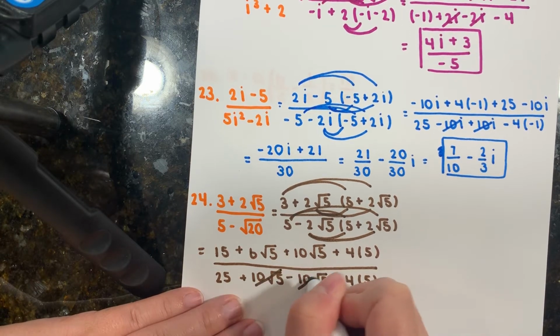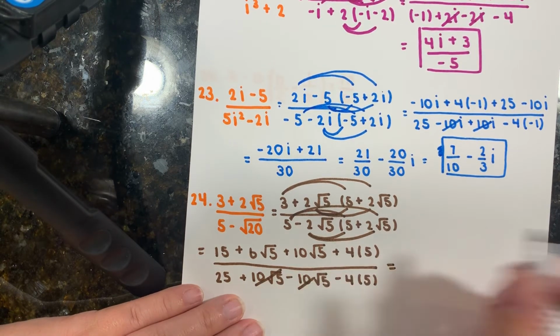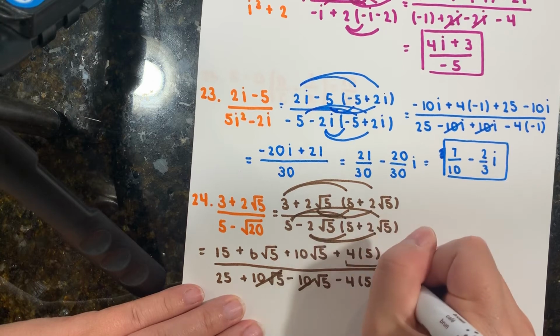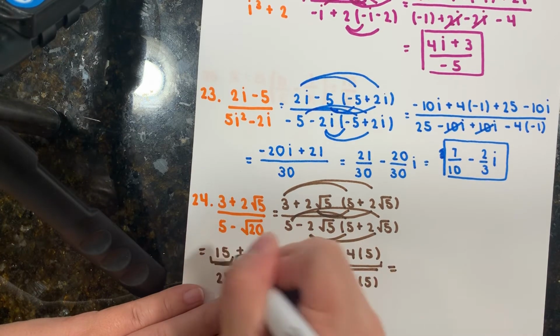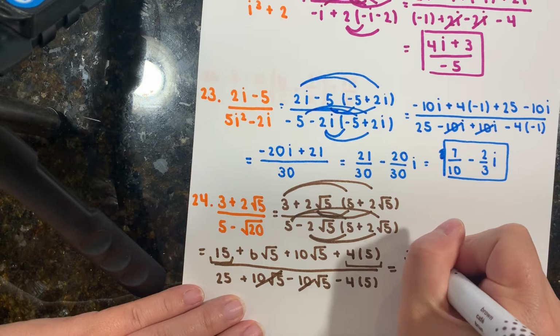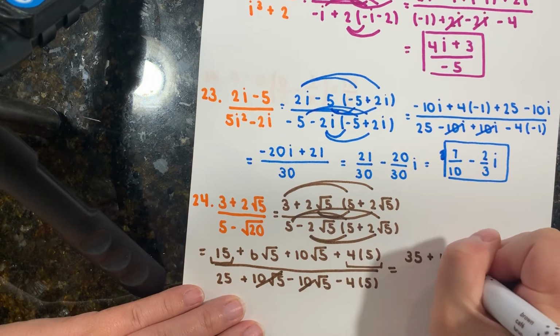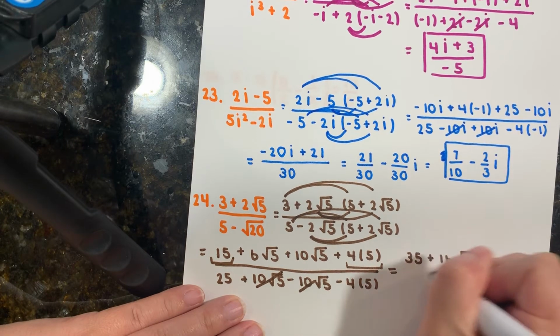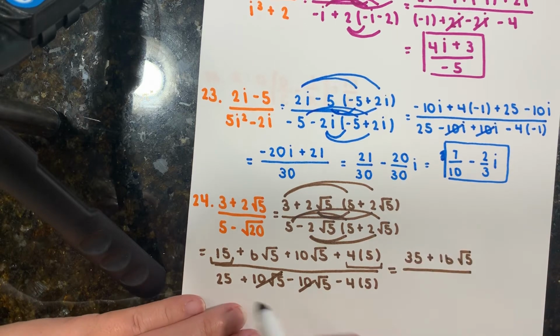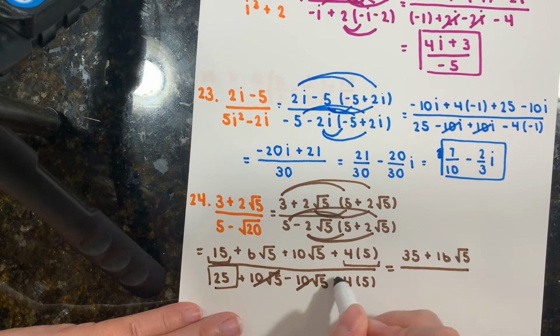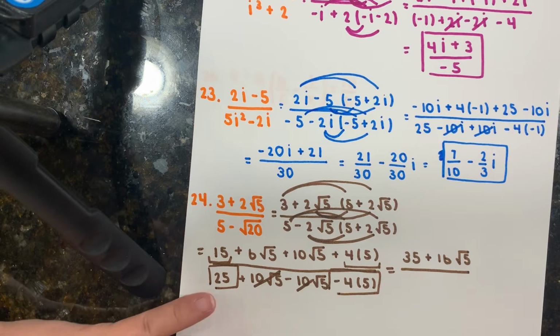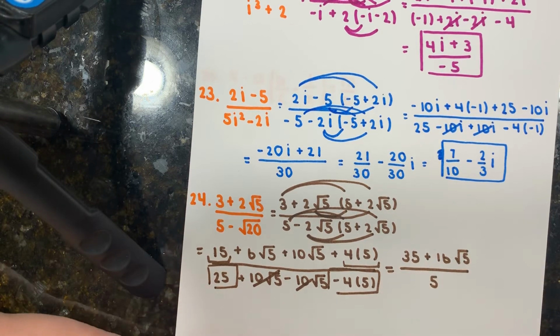So the 10 root 5s would cancel. In the numerator, I have 4 times 5, which is 20, plus 15 would be 35, plus 16 root 5. In the denominator, I have 25 minus 20, which would just be 5.